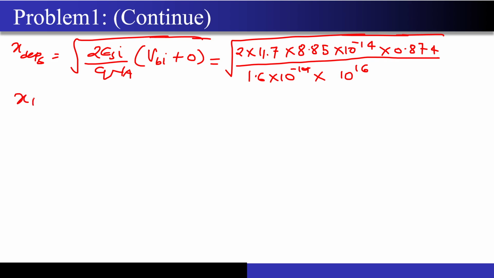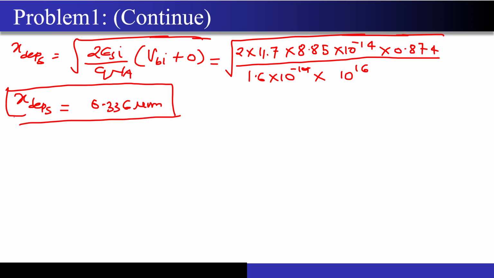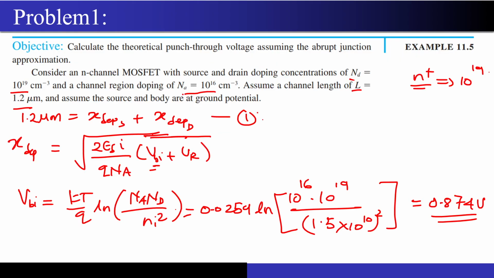Now if you calculate this value, the depletion region width on the source side will come out to be around 0.336 micrometers. Correct?